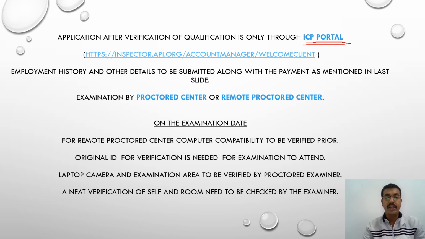Employment history and other details are to be submitted along with the payment as mentioned in the last slide. So employment history is most important, because as I told you, there is a requirement for how you are eligible for the exam. So based on that, you have to put your qualification and experience. Based on your qualification and experience, they will decide whether you are eligible for the exam or not.